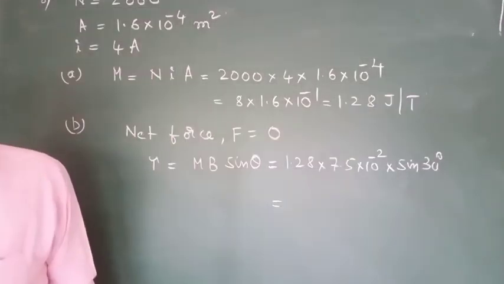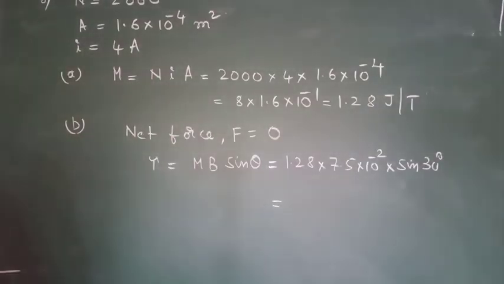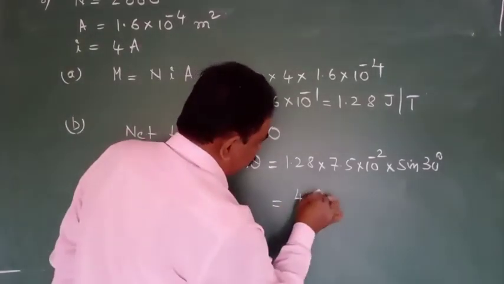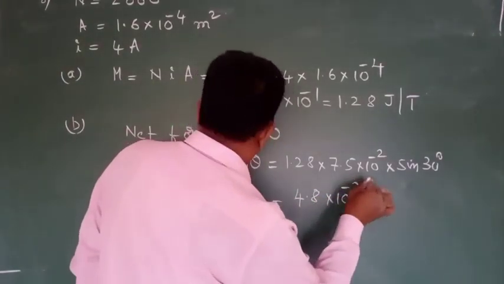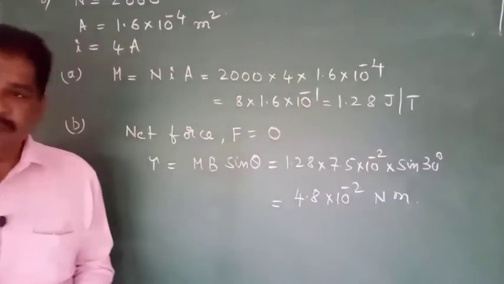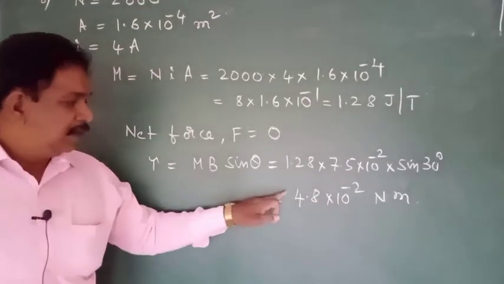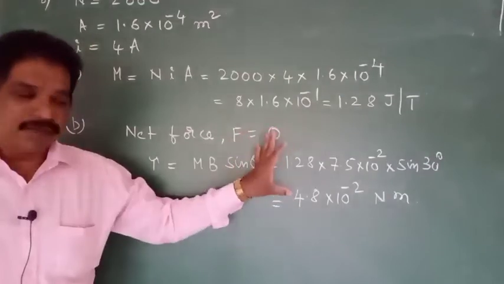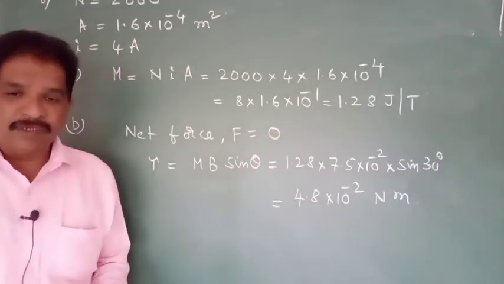If we calculate this value, finally this is 4.8 into 10 power minus 2 Newton meter. Just calculate that value. We will get that value as 4.8 into 10 power minus 2 Newton meter. Next.